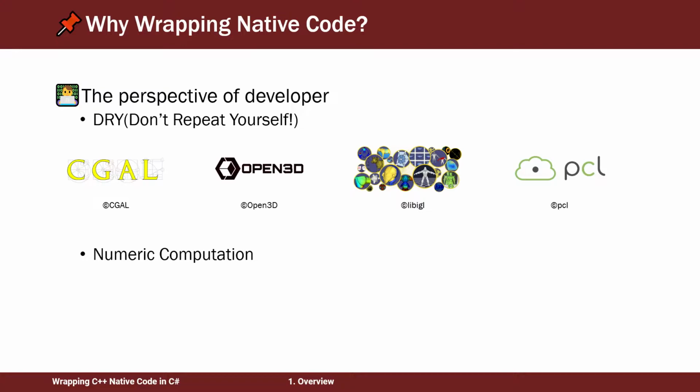For example, in the geometry processing domain, there are CGAL, libigl, Open3D, and PCL. Another key reason I favor C++ libraries is the fast numeric computation. From my personal experience, I currently can't find a fast and robust numeric computation library in C#.